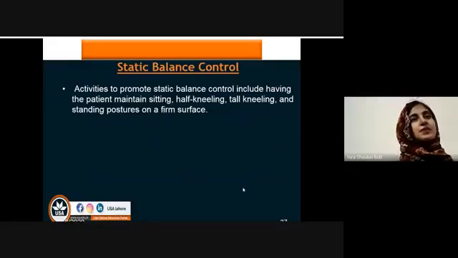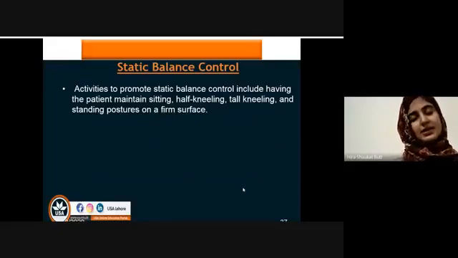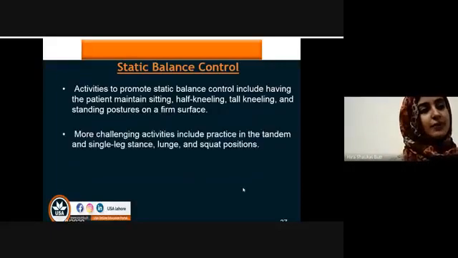Okay, they must be away from sharp objects. If you want to use a safety belt, then you can use a safety belt, and you have to make them do the balance exercises with great precision, starting from the simple and then moving towards the difficult positions.